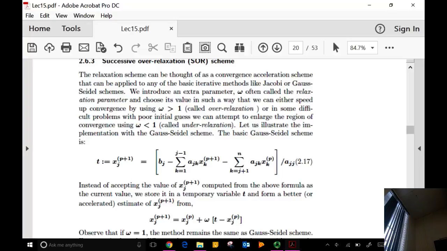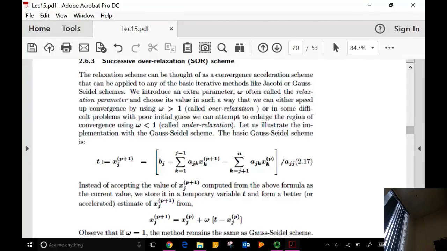So built on the Gauss-Seidel is this method called successive over-relaxation. This is the terminology you will come across in COMSOL, in Fluent, etc. The so-called relaxation factor for the iterative method. And what is the idea behind it? The idea is the following: you have a way of calculating an updated value for x using some formula.